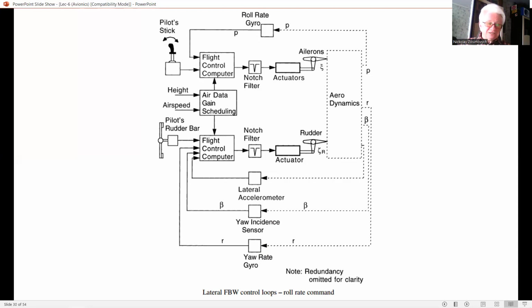Alternatively, a smoothing lag filter response can be provided, and the pilot's bandwidth is of the order of half a hertz. It should be noted that pilots dislike having to apply lead or lag because of the resulting increase in workload.